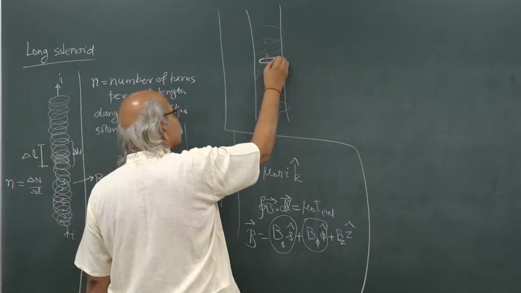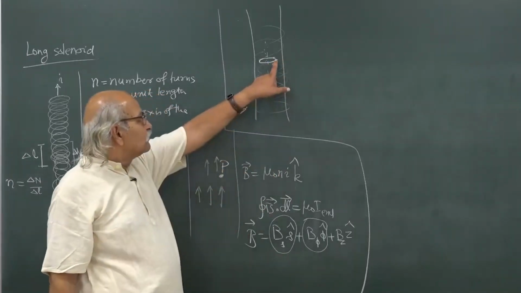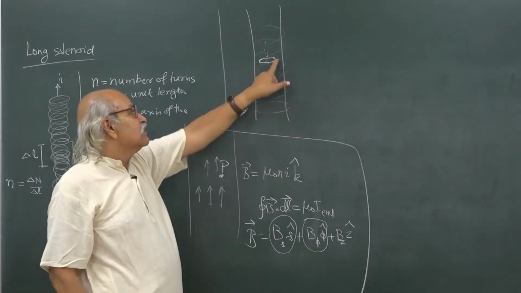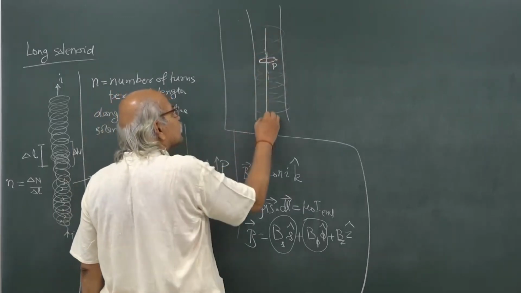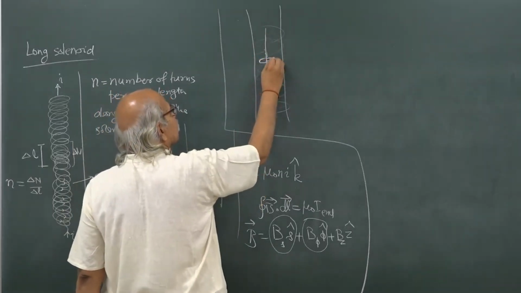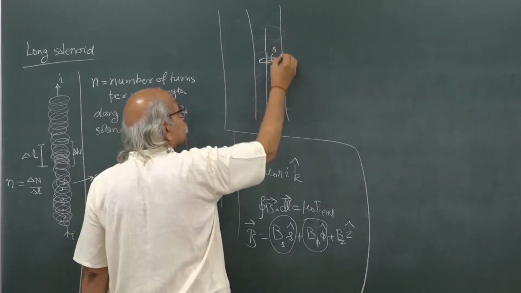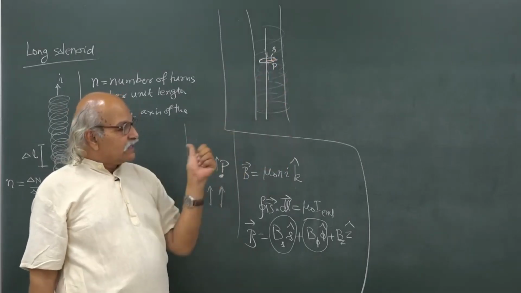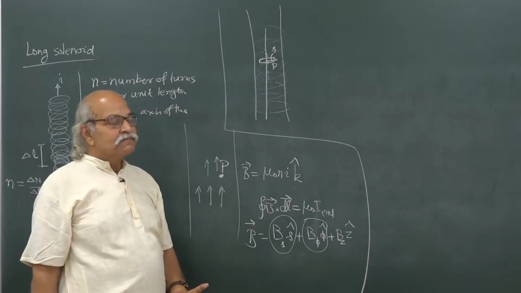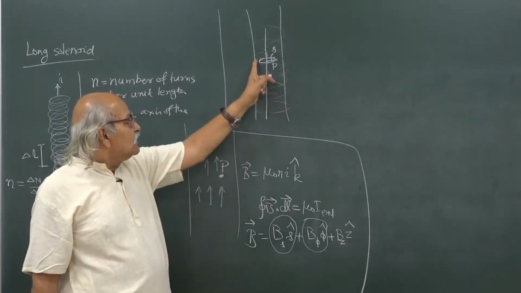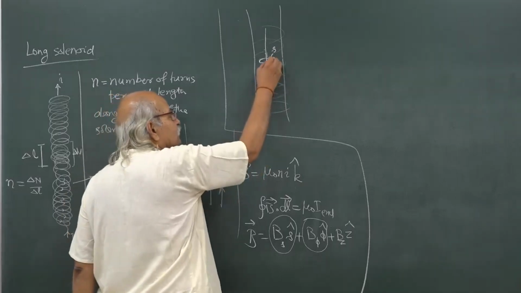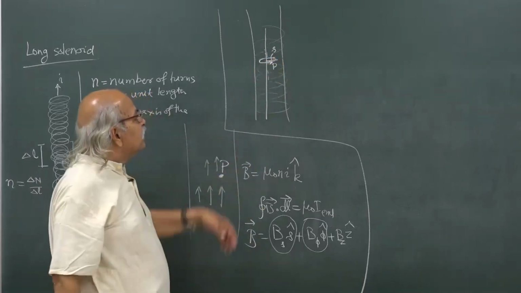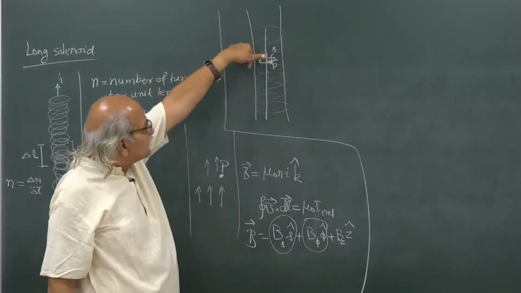I am thinking of the magnetic field anywhere inside the solenoid, at some distance from the axis, which you can name s. Then with this radius s, draw a circle perpendicular to the axis of the solenoid, and on this loop put an arrow in this fashion, so that if you see from the top it will be anti-clockwise.